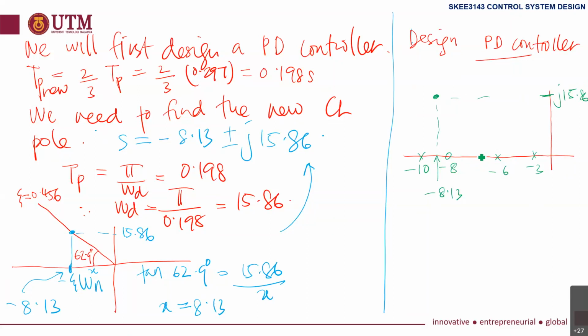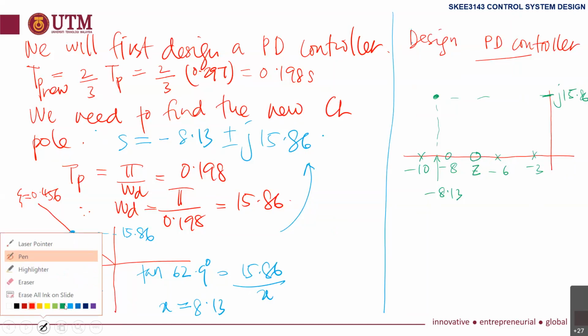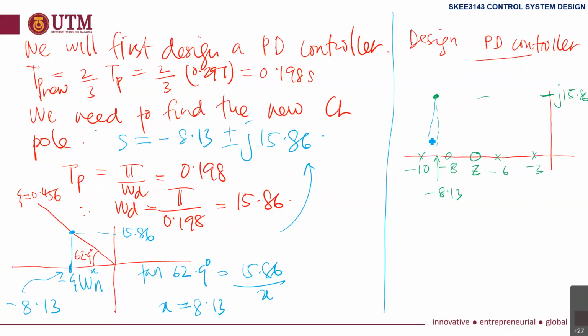For PD, we will assume that we add another zero, Z, and we want to find Z. In order to find Z, we have to use the angle property. Then we have to determine all the angles, 1, 2, 3, 4, and 5.